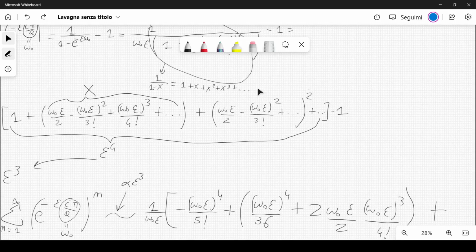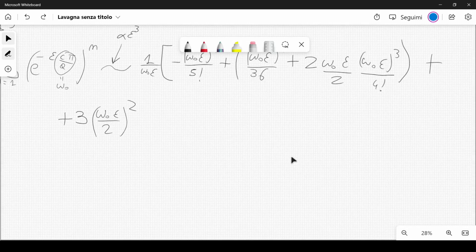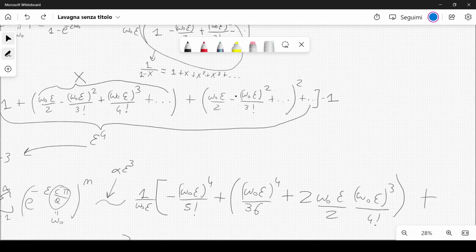So this is the only contribution that we have from x cubed, because all the other terms will be of higher order or of lower order, because if you take this one and you raise it to the third power, you get omega 0 cubed epsilon cubed divided by 8, 2 cubed.